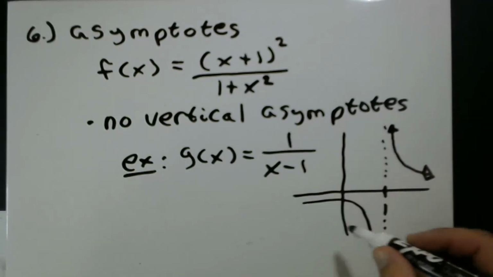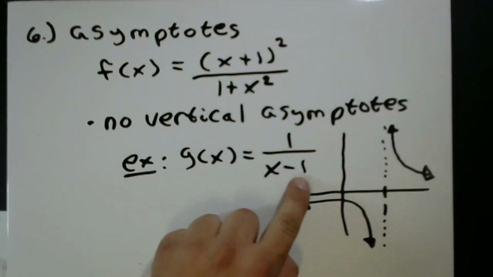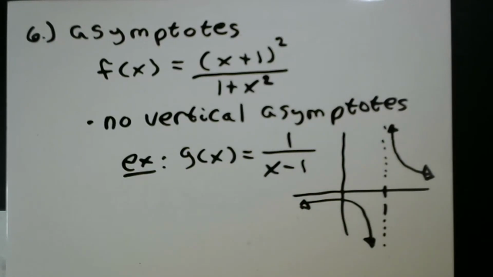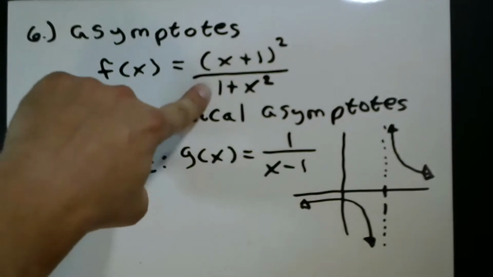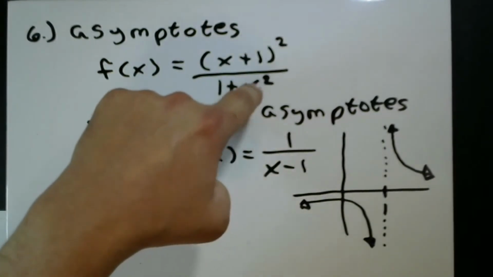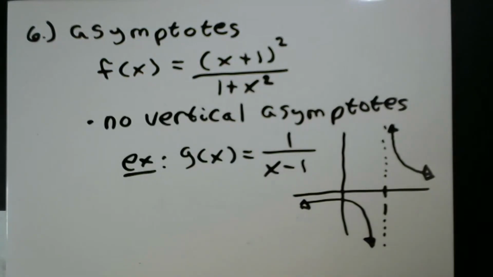And you're getting this vertical asymptote where the denominator becomes 0. x equals 1, 1 minus 1 is 0. In this case, again, we can't get a division by 0 because this will always be positive and it needs to be negative to cancel that 1. So no vertical asymptotes. Now, what about horizontal asymptotes?